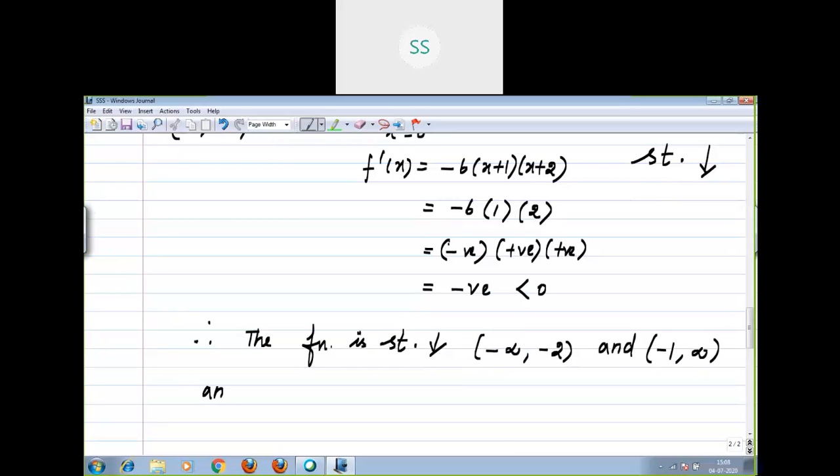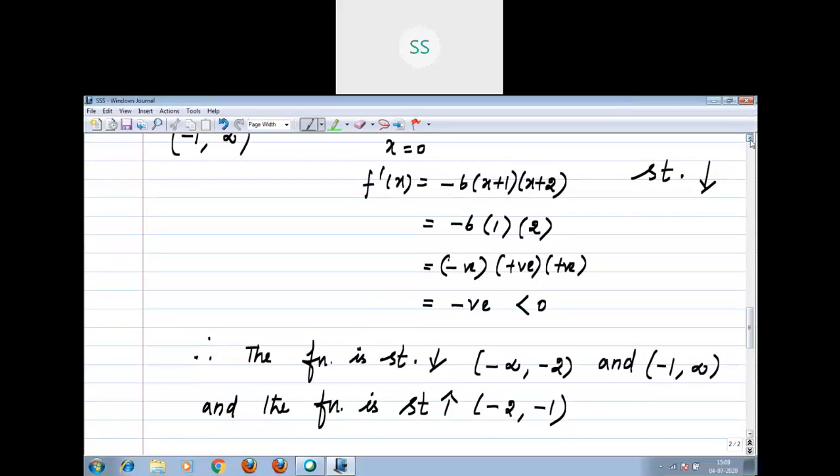And the function is strictly increasing from minus 2 to minus 1. I hope you people understood. Again, I'm going to show the thing. If you have any doubt, you should ask me. I will explain, right?